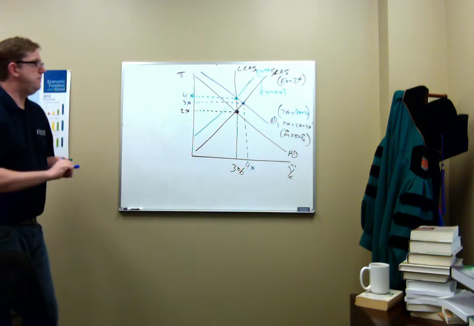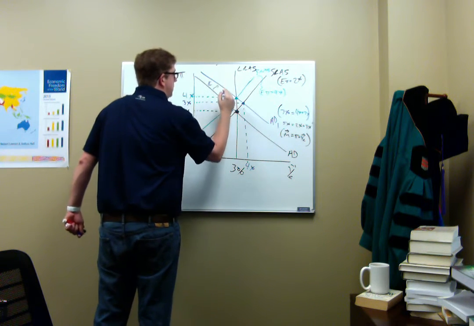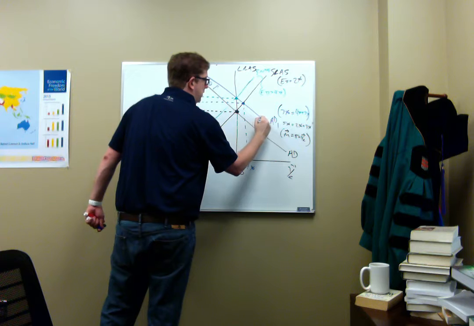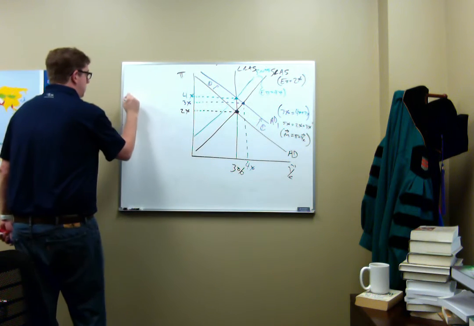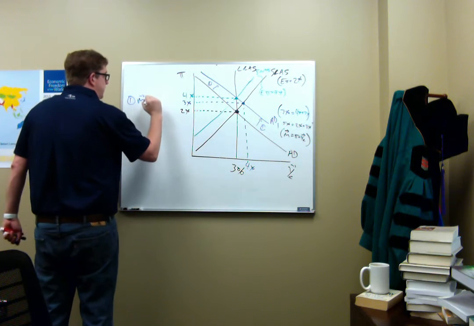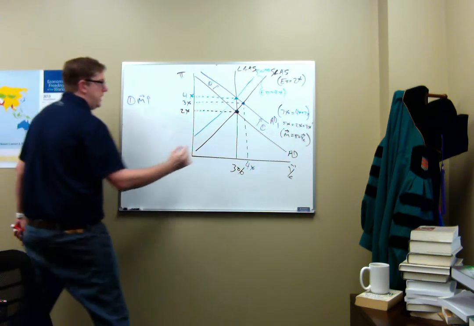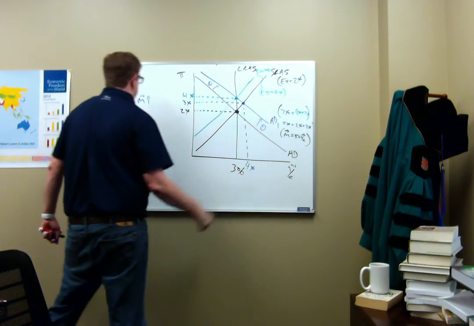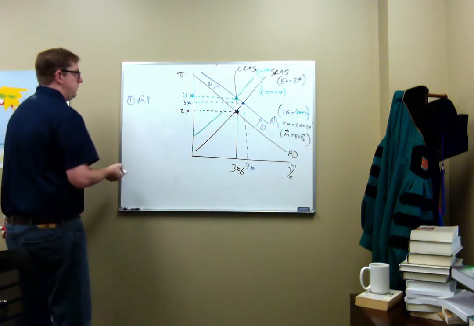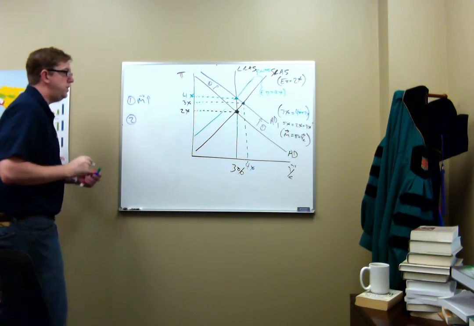So here's what happens. 1. We increase the rate of growth in the money supply. So we print more money, or the money supply grows more rapidly. This increases aggregate demand. 2.